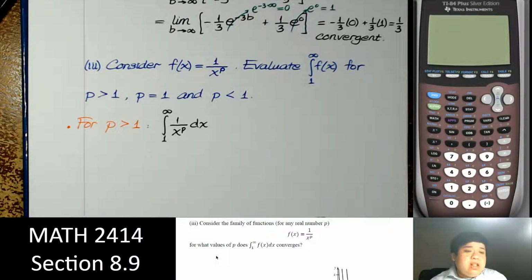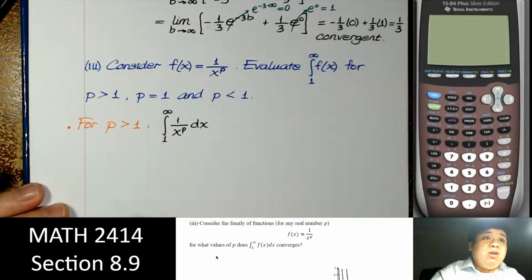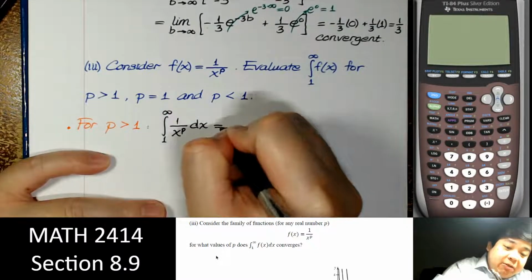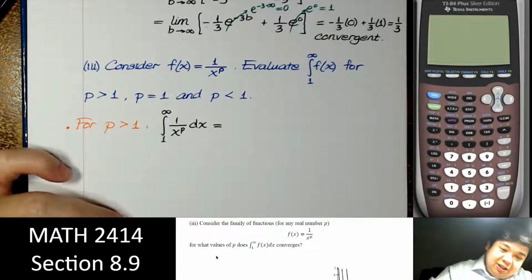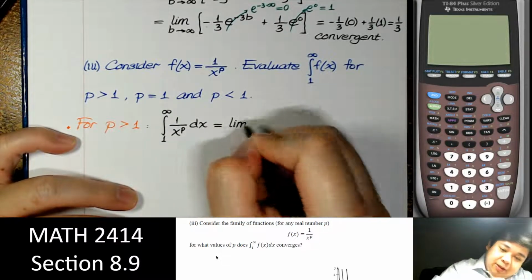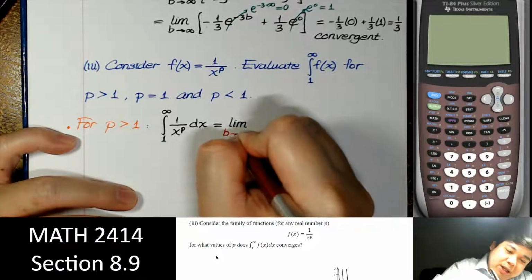This is actually a fairly simple integral, but the first thing we do is don't jump into it. Take care of the limit first. Upper limit, so let's use b.